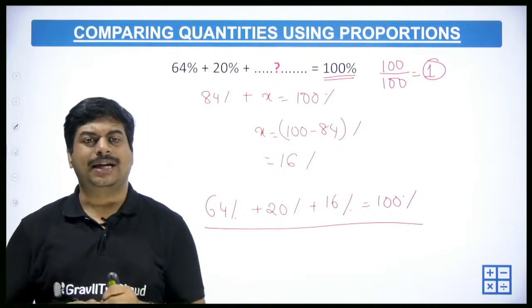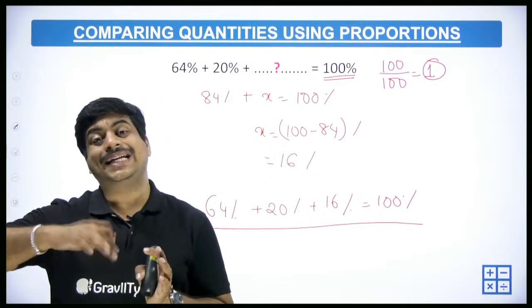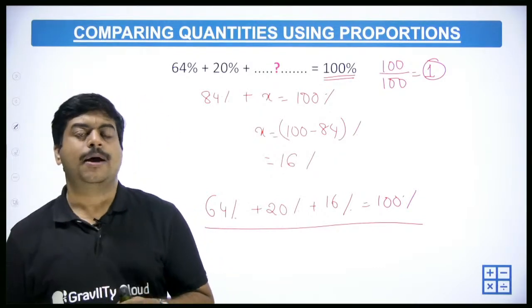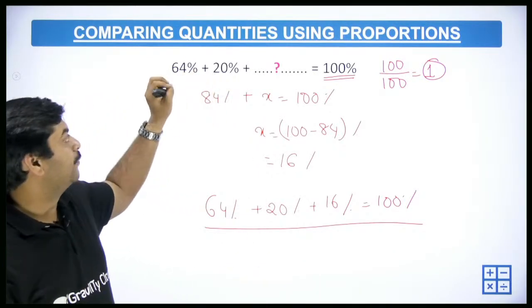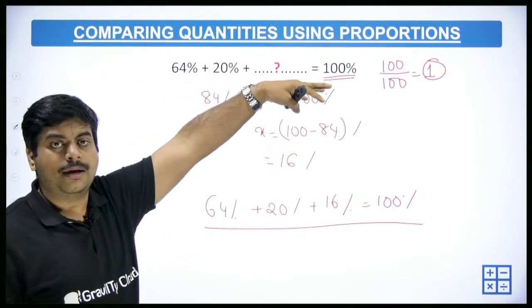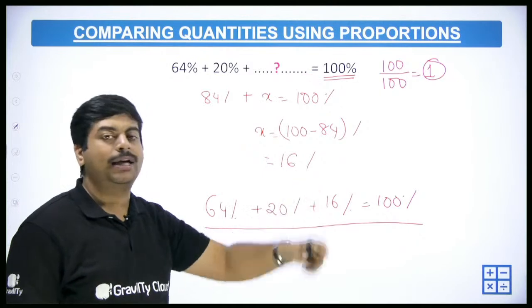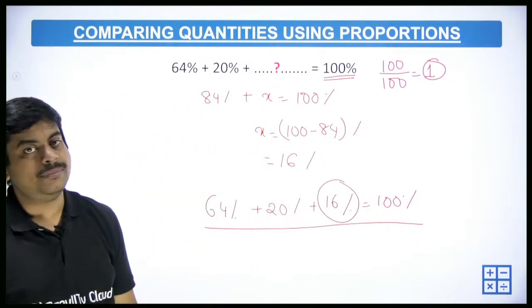Yes, there are places where we use 110%, 200%, 300%. It got increased so many number of times, right? But always the percentage in one situation, 64% of something plus 20% of something is equal to 100% of something, right? So definitely the total should be equal to 100%. From there you get the answer 16%, right?